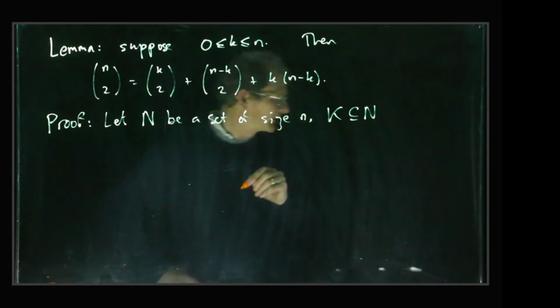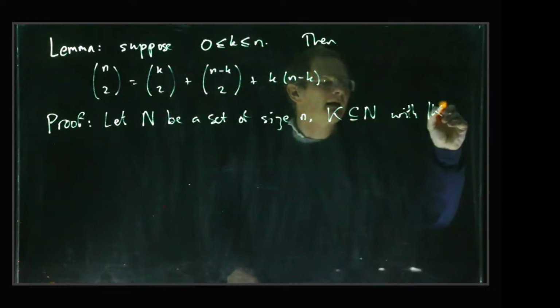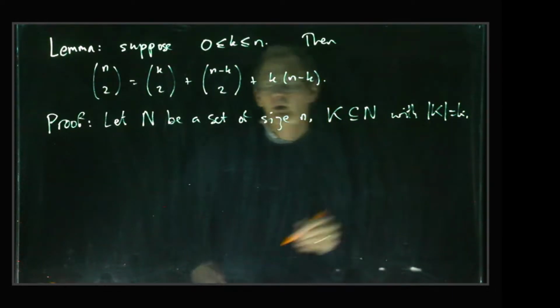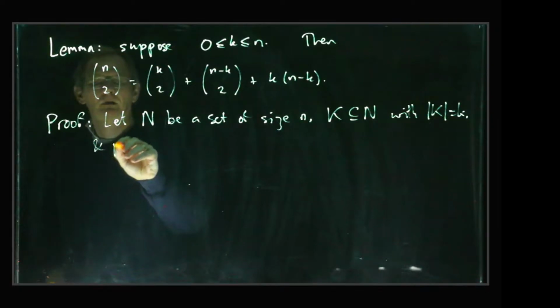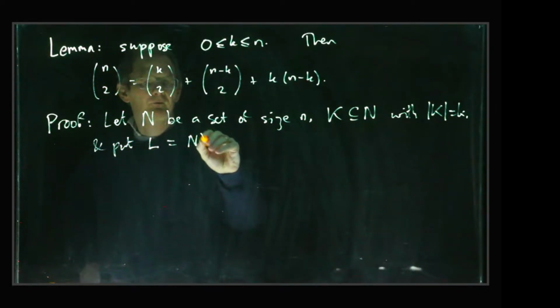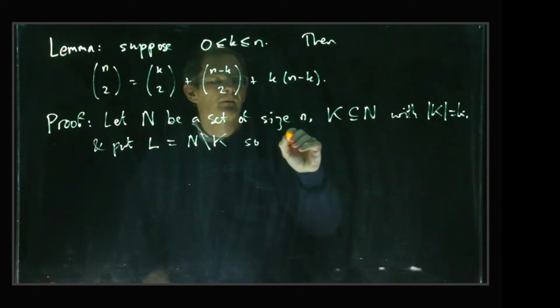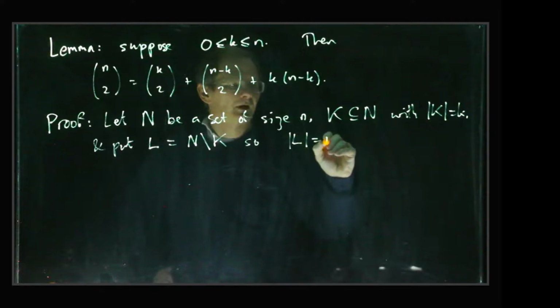K is going to be a subset of N of size k. And I'm going to put L as the rest of the set N. So the size of L is going to be n minus k.